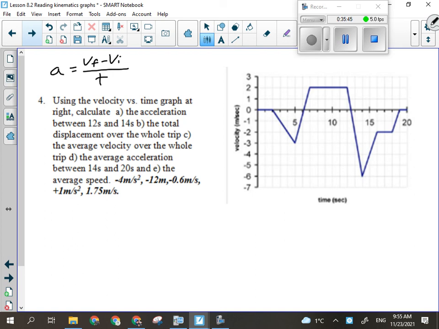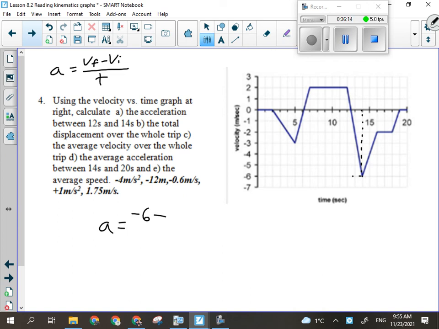I do. Okay, what's my final velocity for part A? In other words, how fast is the object going at time 14 seconds? -6, yes? Okay, so acceleration equals -6 minus, all right, what's VI? 2.